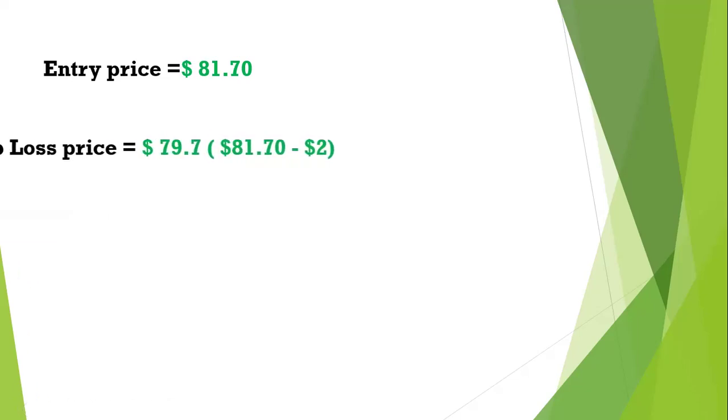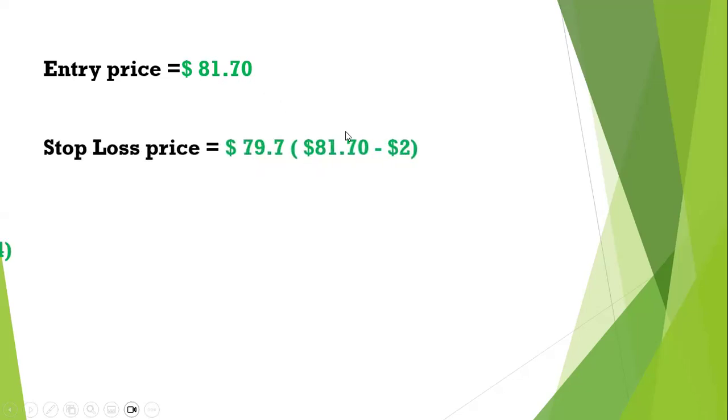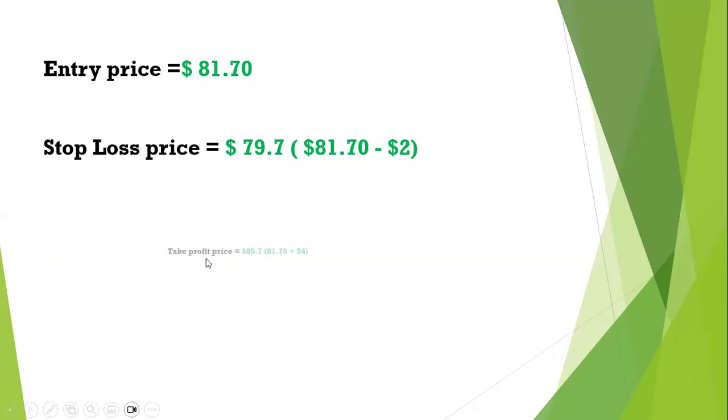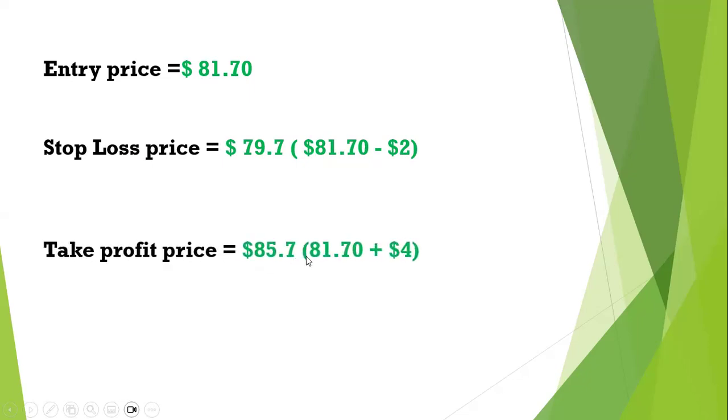Entry price is 81.70. The stop loss, where do you place your stop loss? Here. It will be 81.70 minus 2, so you get 79.7. Take profit price is 85.70. So how do you get that?